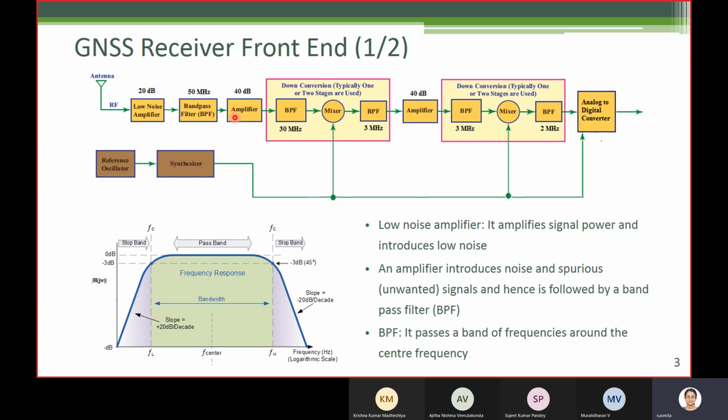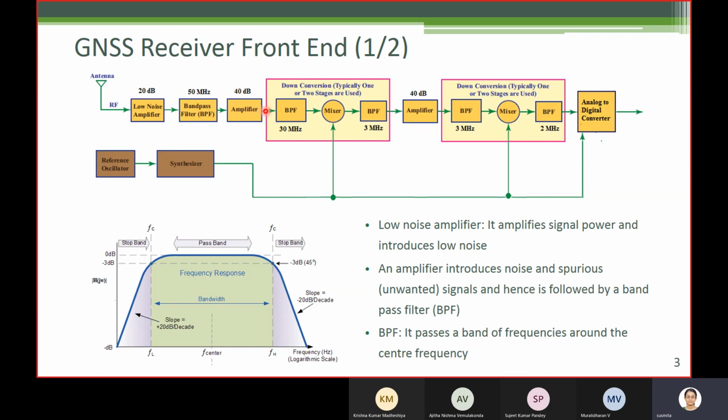If you want to do it with just one amplifier, it would pose a significant design challenge. Just imagine this side you have input power, and if you do it with a single amplifier, this side you have power 10 to the power 10 times. The gain is 10 to the power 10 times.